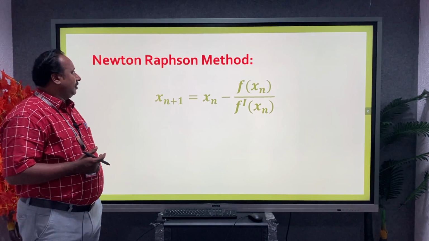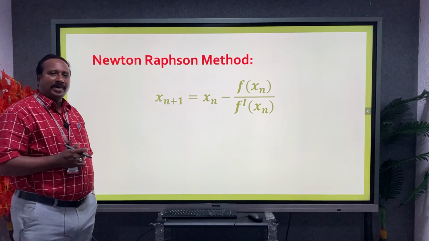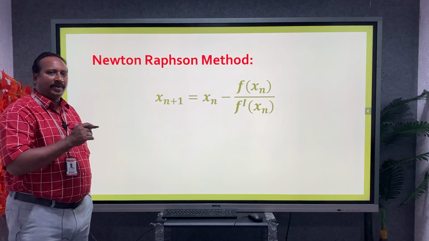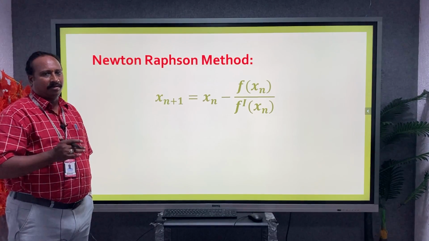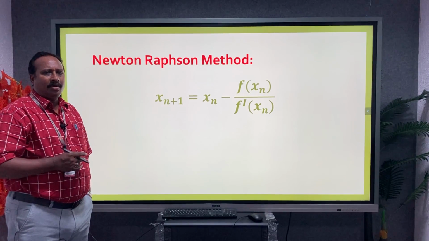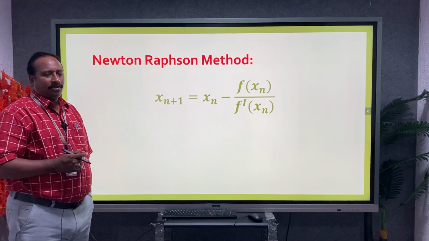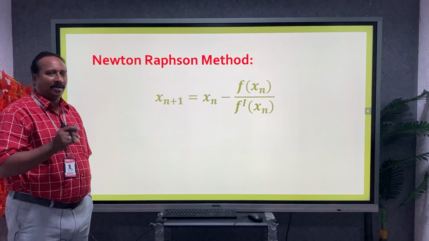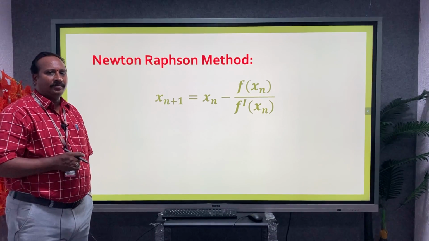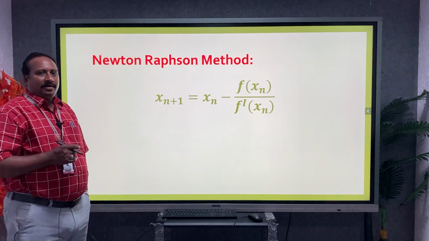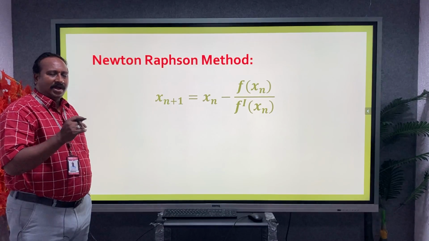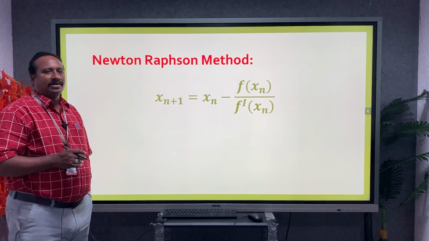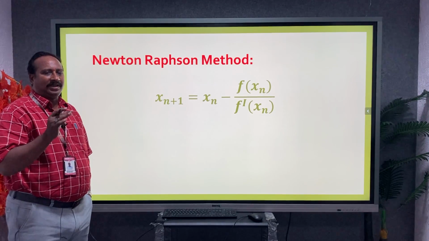The Newton-Raphson method is one of the methods to solve algebraic and transcendental equations. So what is an algebraic equation? What is a transcendental equation? Algebraic and transcendental equations are very important for the mid-two syllabus. An equation of the form f of x equal to 0 involving only x is called an algebraic equation.